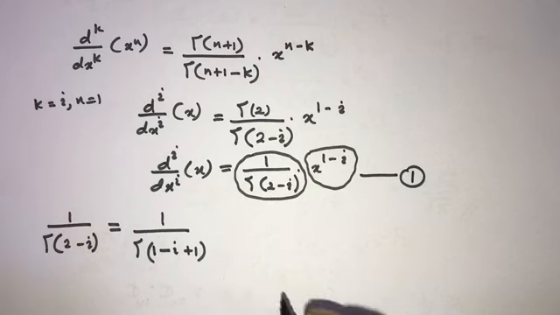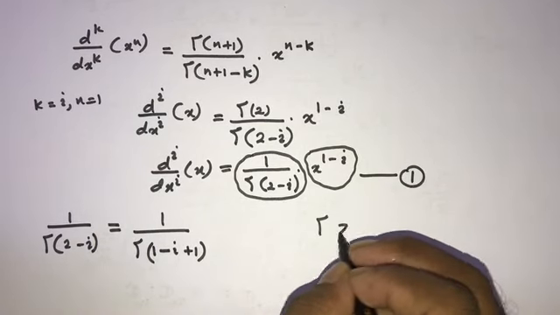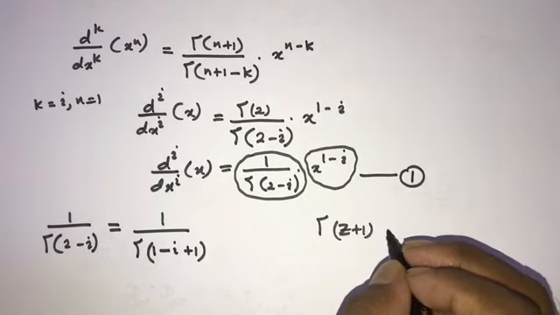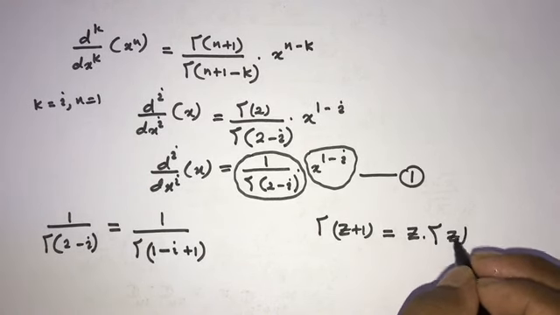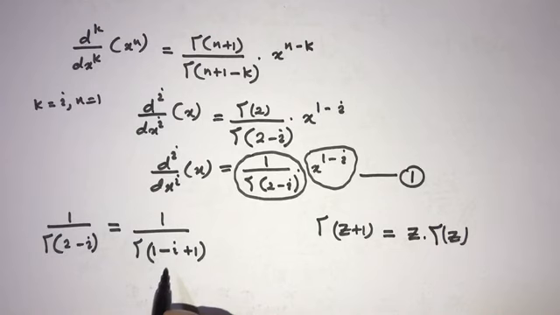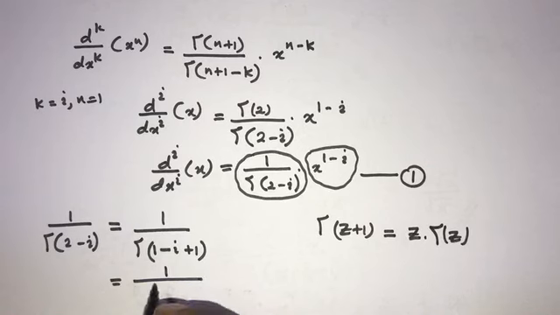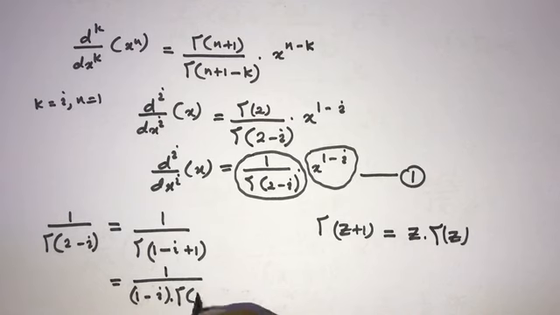Now we know gamma of z plus 1 is equal to z times gamma of z. So this is equal to 1 over 1 minus i times gamma of 1 minus i.